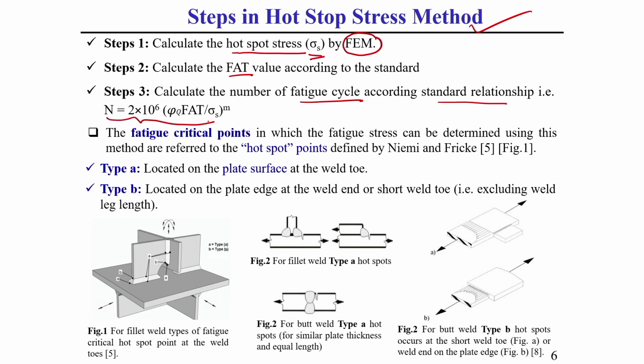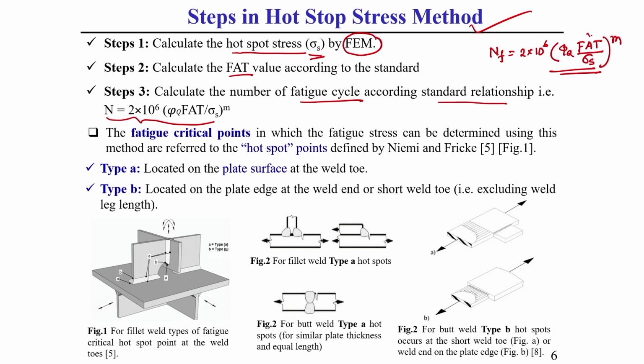That is N_F, the fatigue life, equal to 2 into 10 to the power 6 cycles into a factor, this is called the failure probability factor, which I will discuss, into FAT divided by the hotspot stress to the power m. By using this relationship we can predict the fatigue life of that welded structure.